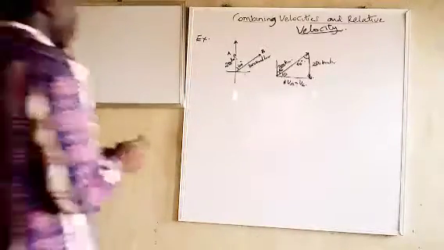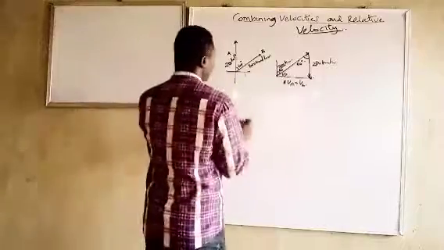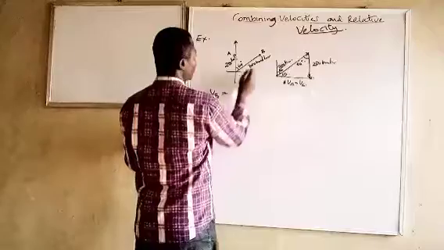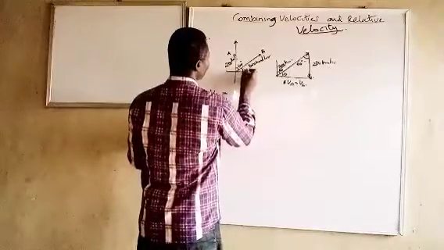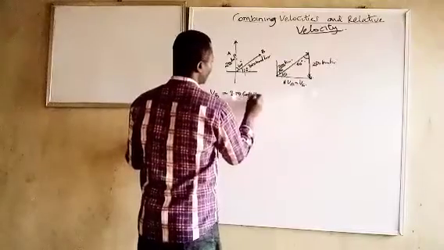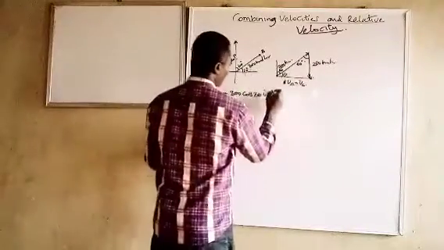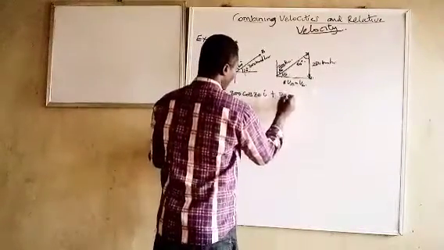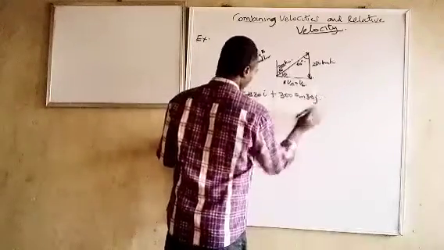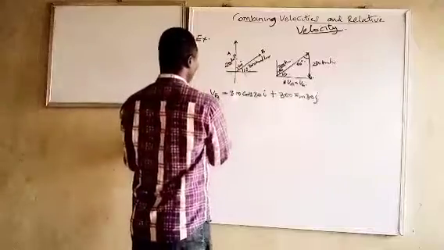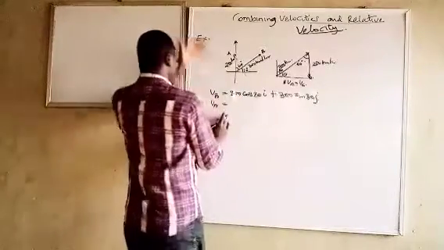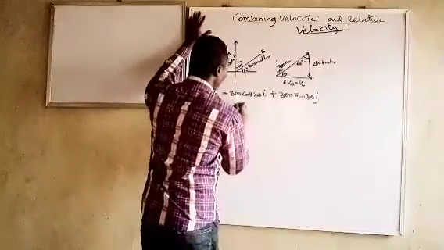You know, I said this is fun. Let's use vector analysis. For this, let's say VB is equal to, you can see this is 30 degrees, so we have 300 cos 30 i, in the positive direction, plus 300 sin 30 j. What is VA? VA is in the positive direction, 200 j.